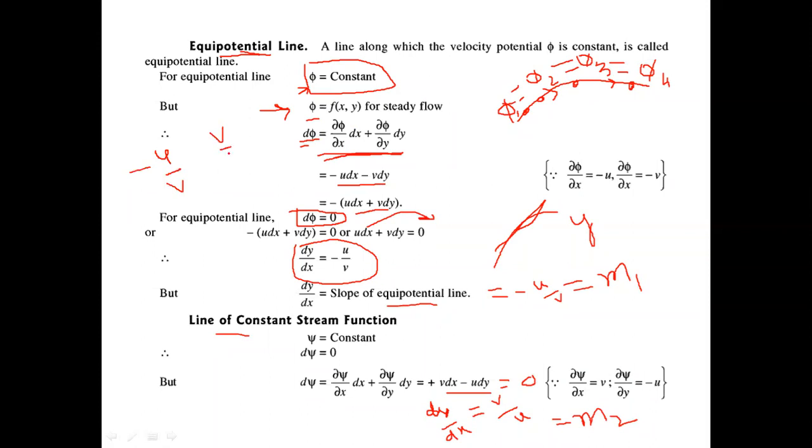If you multiply both of them, it becomes -1, because every term gets cancelled. So the product of slopes of the equipotential line and the constant stream function line is -1. Yes, both the lines are perpendicular to each other. The equipotential line is perpendicular to the line of constant stream function.